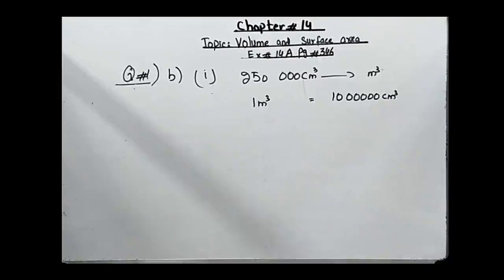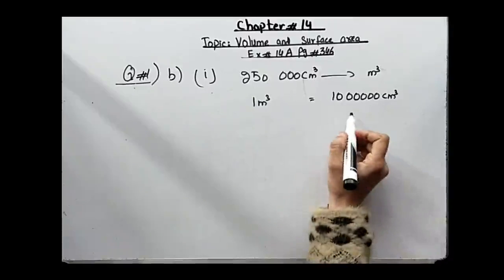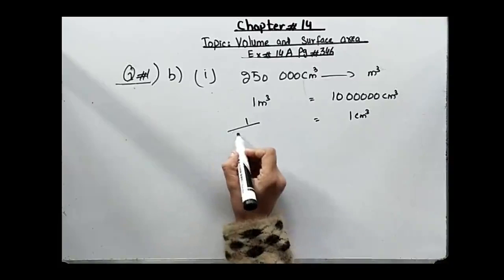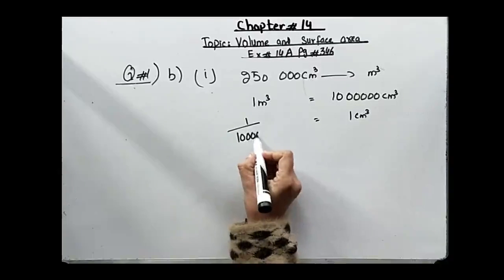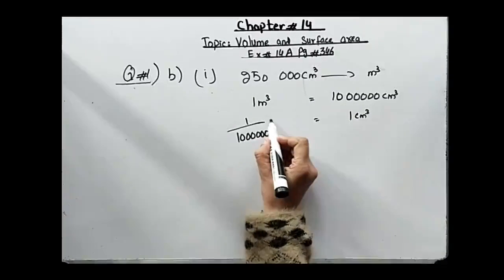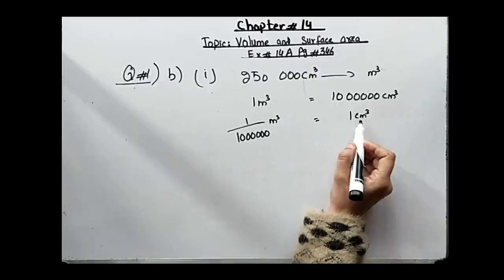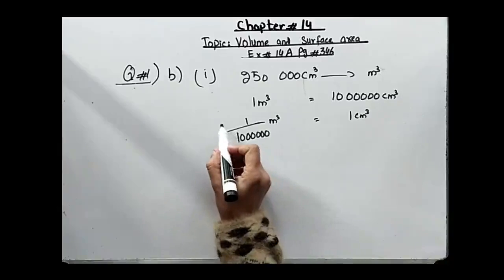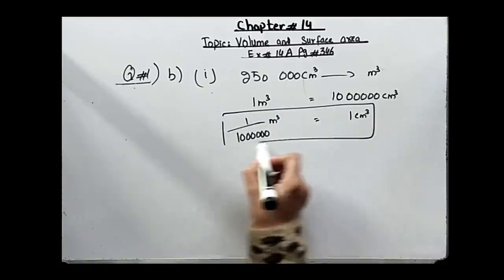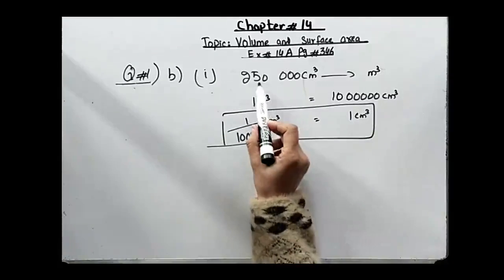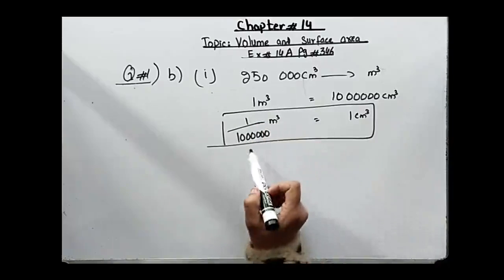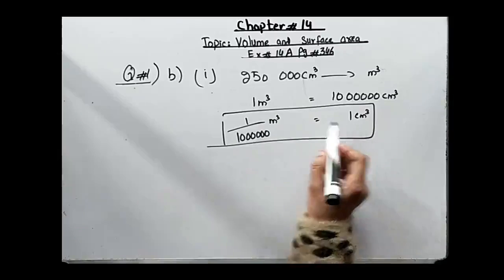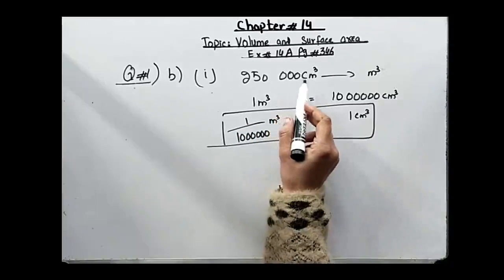Then what will be 1 centimeter cube? 10 lakh will move to the other side. It means 1 centimeter cube is equal to 1 by 10 lakh meter cube. Fine. It means we will divide this number by 10 lakh. So then what will be 25000 centimeter cube?